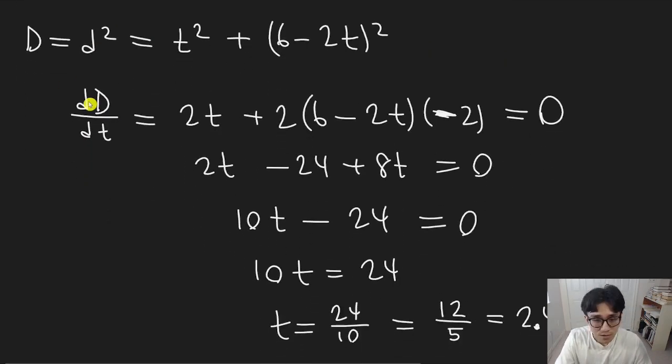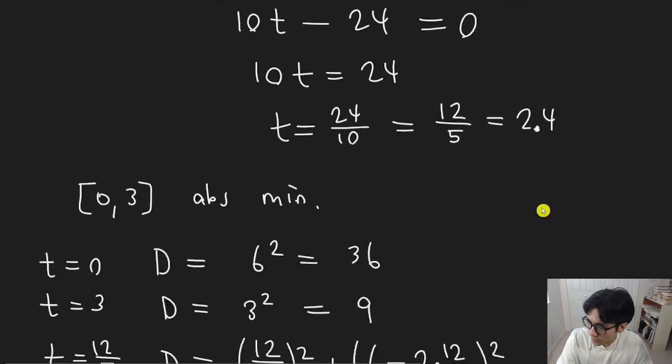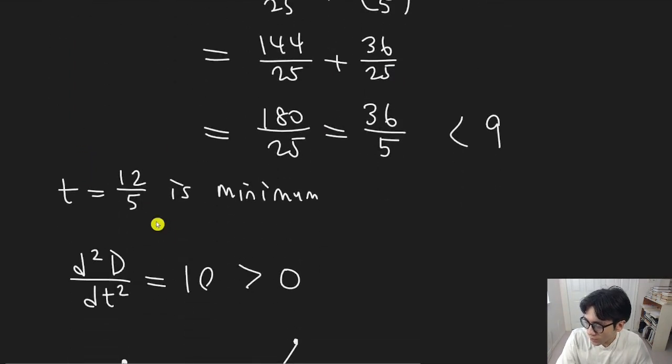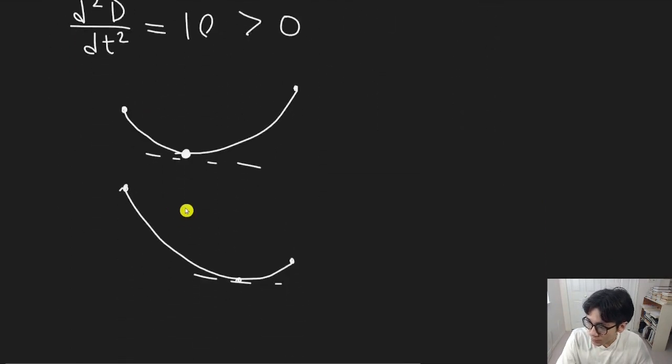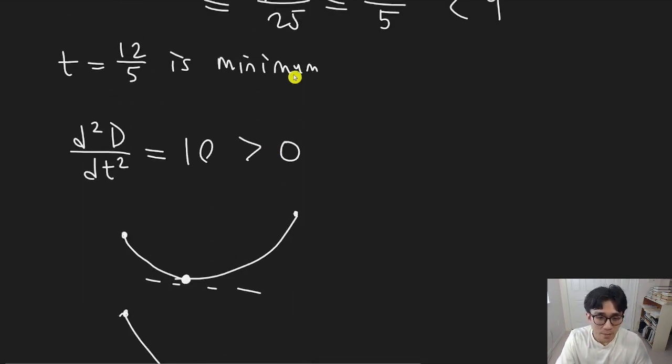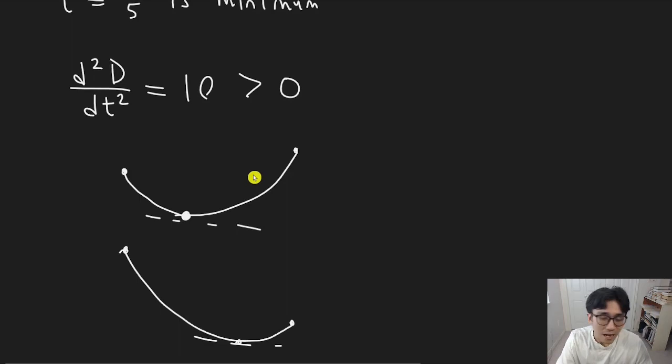To do that, we wanted to find the critical points, and we found one critical point. We tested it out. You can either do it the long way, which requires some fraction work, or you can confirm it's an absolute minimum using the second derivative test. Because the second derivative is positive, therefore it is a minimum. And in this case, it actually is an absolute minimum. Okay, very nice.